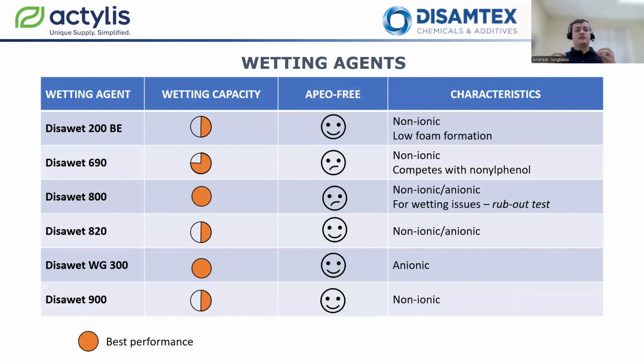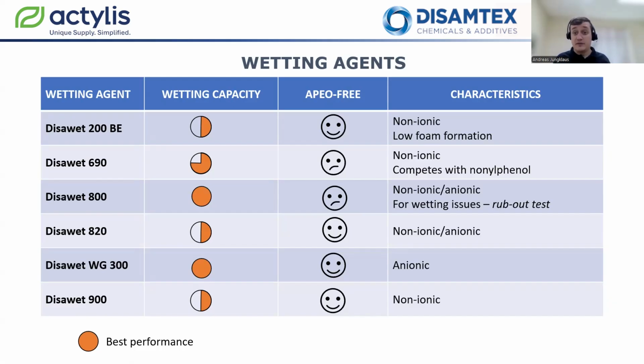Cool. So this table positions different Disamtex wetting agents according to chemistry, non-ionic, anionic, or blends, and performance level. So it implies that wetting capacity varies depending on molecular structure and interaction with pigment surfaces. So the APEO-free indication reflects regulatory and environmental considerations in additive selection.